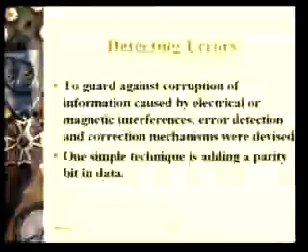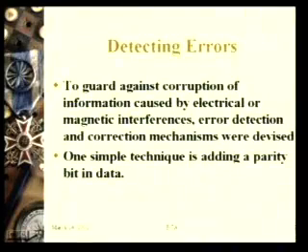What are the other issues in a network? Other issues may be detecting errors. After all, when a signal is being passed from one place to another, there are going to be certain errors. How do we detect those errors? To guard against corruption of information caused by electrical or magnetic interference, error detection and correction mechanisms were devised.